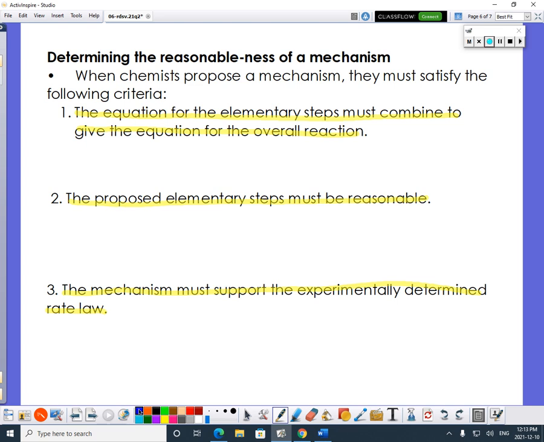So the equations for the elementary steps must combine to give the equation for the overall reaction. What does that mean? It's sort of like super easy Hess's law. You don't have to multiply, you don't have to flip. All you're going to do is cancel stuff out if you can and then add them together.